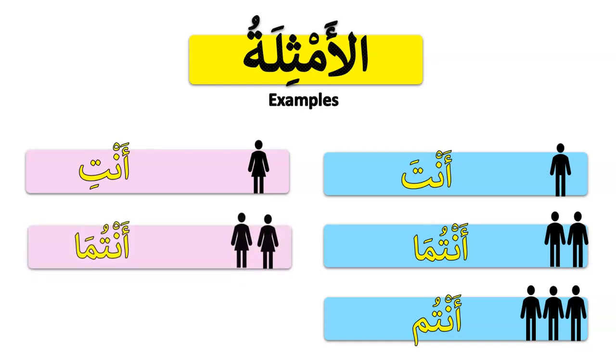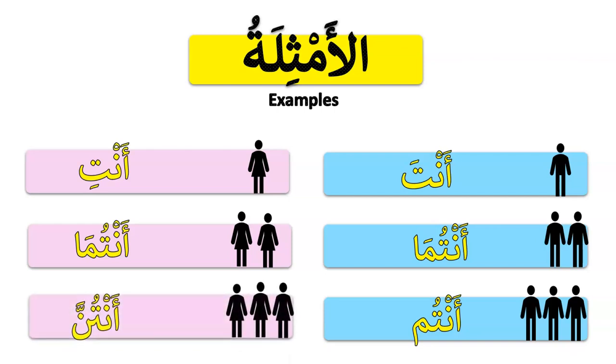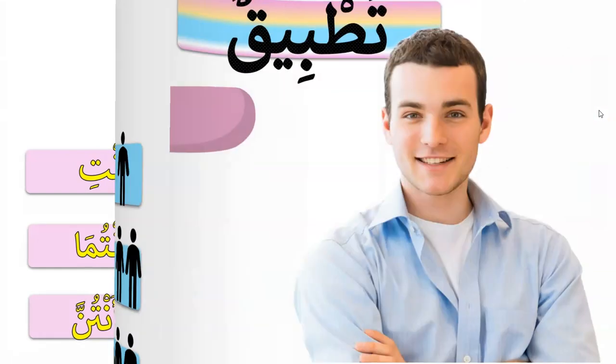Singular feminine. أنتما, that is dual feminine or dual masculine. And the last one is أنتن, that's number 5. أنتن representing a group of females, which is plural feminine. أنت, أنتما, أنتم. أنتِ, أنتما, أنتن. This is the detached pronoun representing the spoken to or the second person.